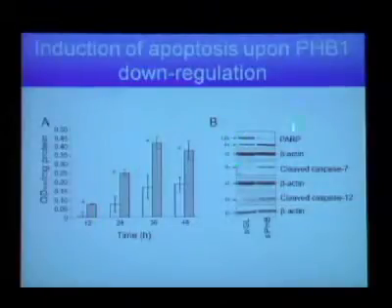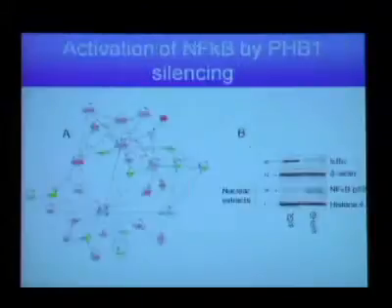It is paralleled by the cleavage of PARP, and it's a process that is dependent on the activation of caspase 7 and downstream caspase 12. And it's not dependent on the activation of caspase 3 and caspase 9. So this means that this apoptotic reaction is mediated by, or is associated with, endoplasmic reticulum stress and not mitochondrial dysfunction.